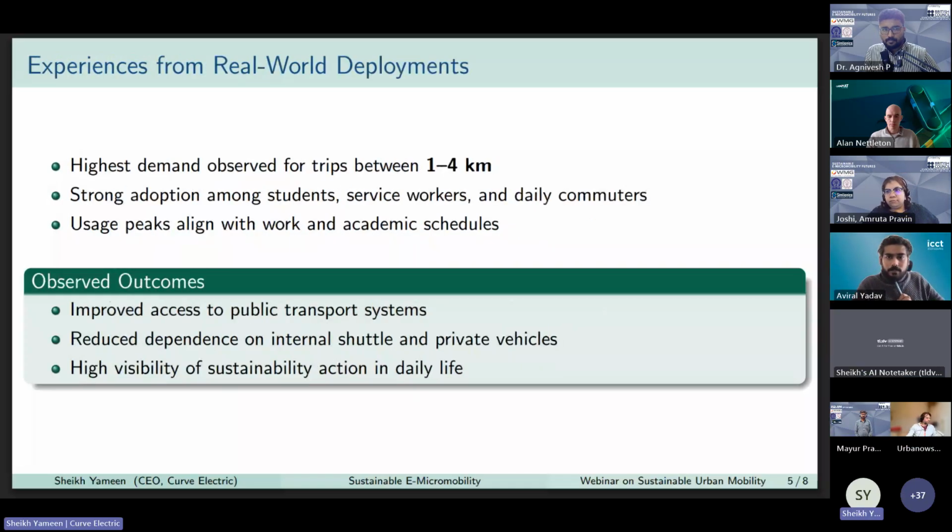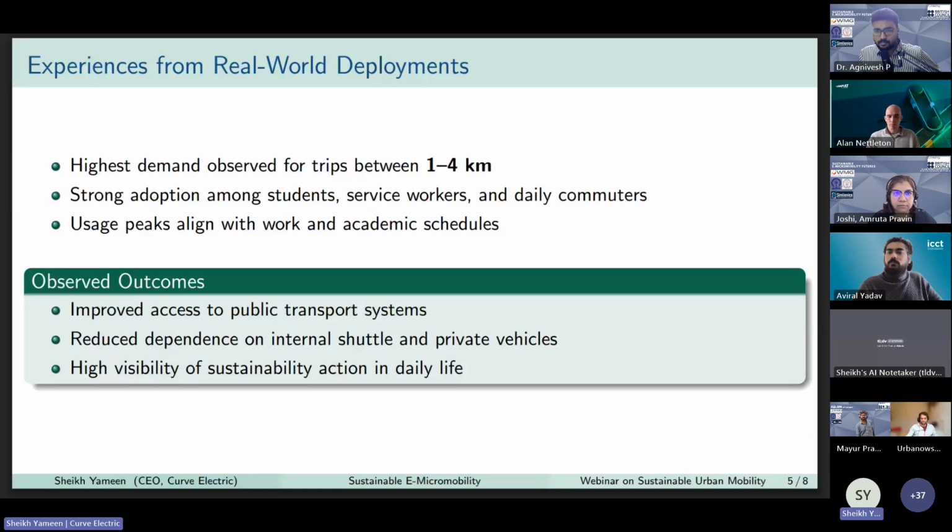That being said, what we have experienced so far is that the highest demand is observed for trips between 1 and 4 kilometers. Students and, as I said, gig workers, people in the lower strata of the society are using our e-bikes more and more. Usage peaks usually align with work and academic schedules.